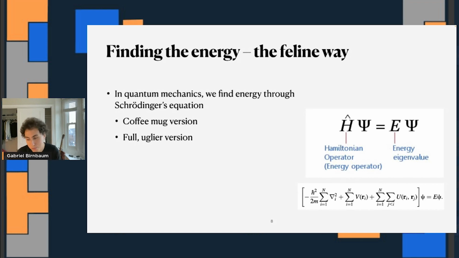When we have multiple electrons interacting with multiple nuclei, the equation looks a little bit uglier, which is what you see a little bit below. And not that it matters, but in case you're curious, the terms there mean the kinetic energy, the interaction energy between the electrons and the nuclei, and then the interaction energy between the different electrons. So that's basically the way it is generally done in quantum mechanics.